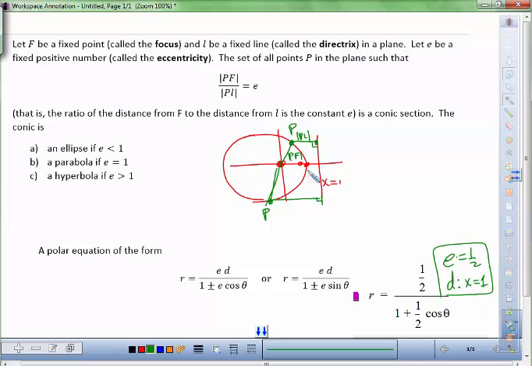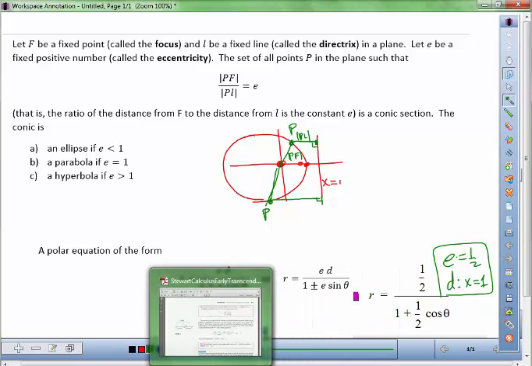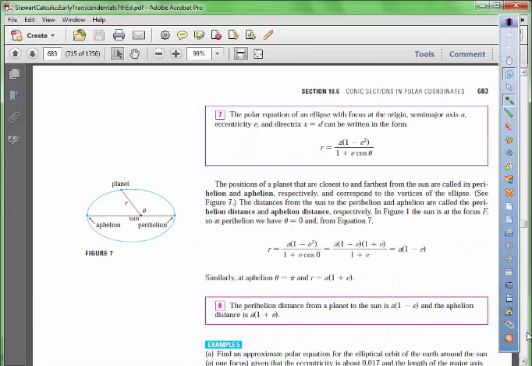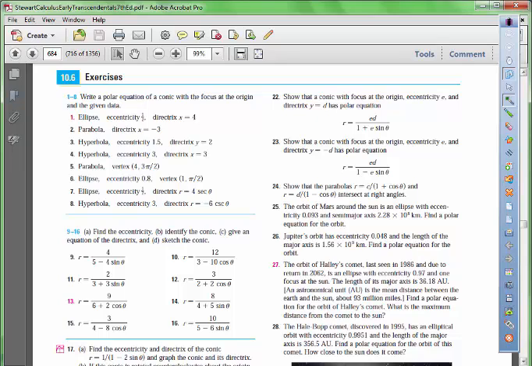And depending on what your directrix is. So I think we're going to need to figure out some. Well, I guess before we do the Earth business, let's do some practice problems, where we're finding polar equations of conic sections.